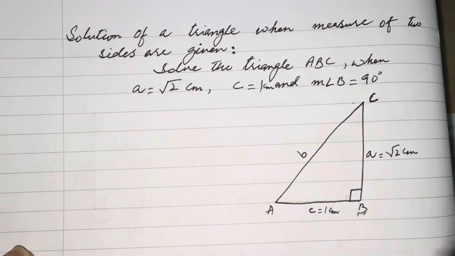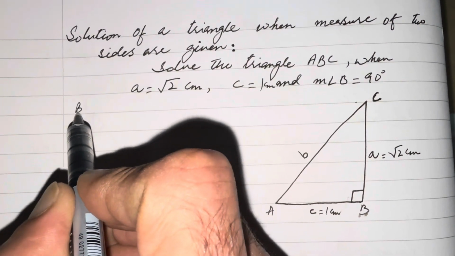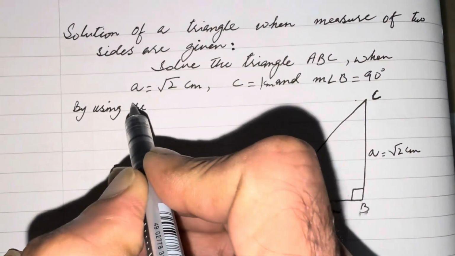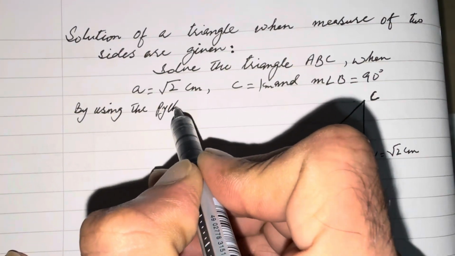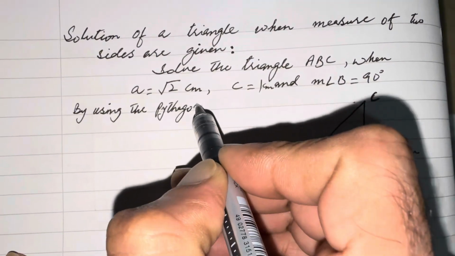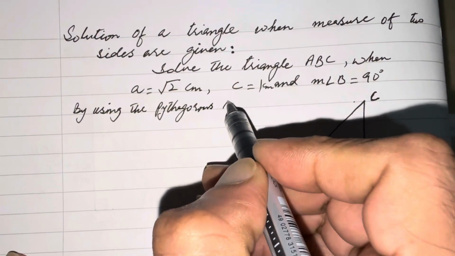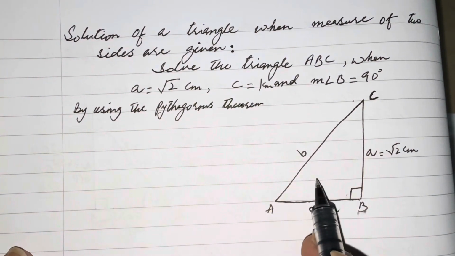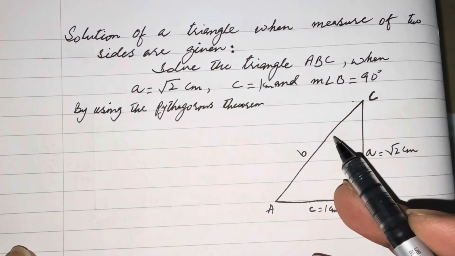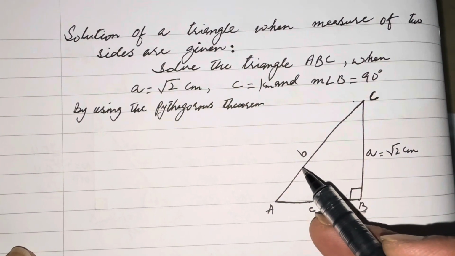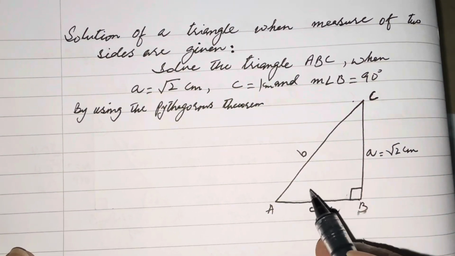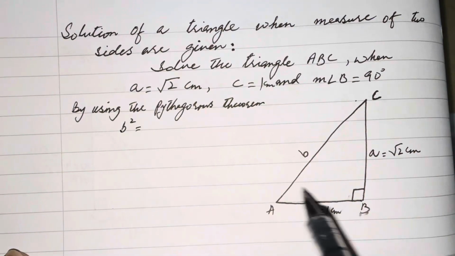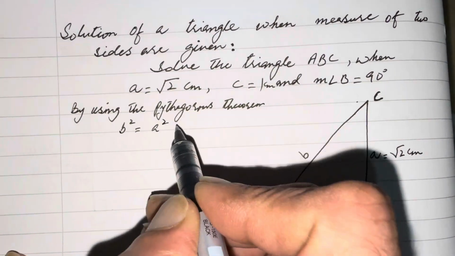So by using the Pythagoras theorem, which says that the square of the length of the hypotenuse is equal to the sum of squares of the other two sides, we can say that b square is equal to a square plus c square.